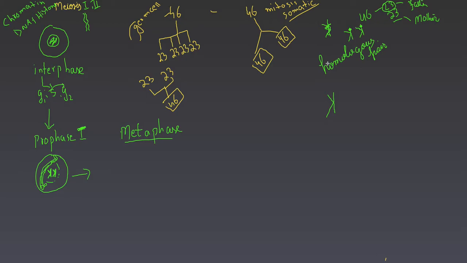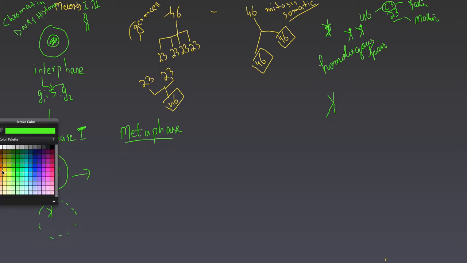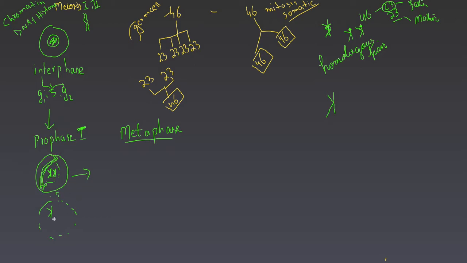So in prophase 1, when the chromosomes replicate, they try to find their homologous pair. So if I were to draw just the nucleus of this cell, and for the sake of simplicity, let's say this organism has 4 sets of chromosomes, and I would like to draw them in 4 different colors, so it would be easier.